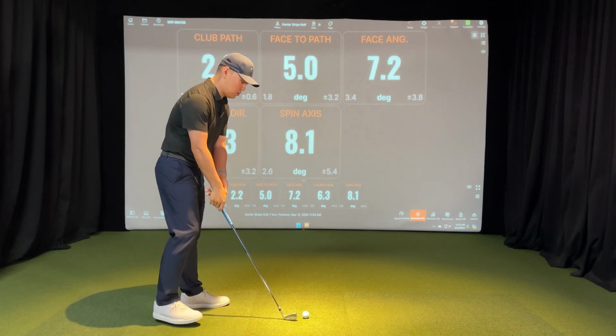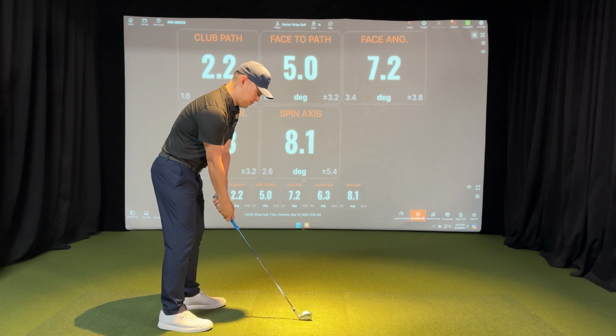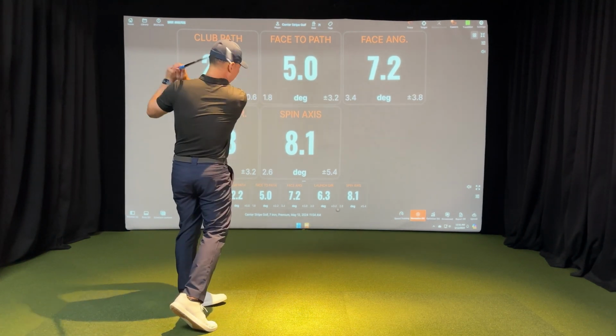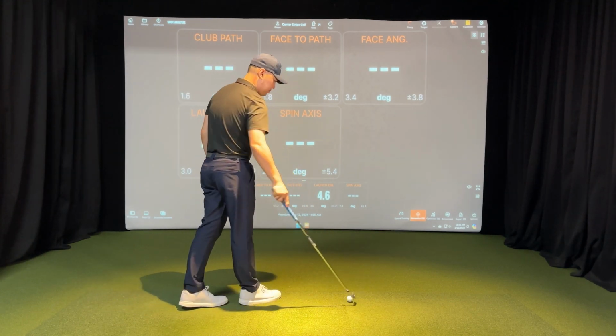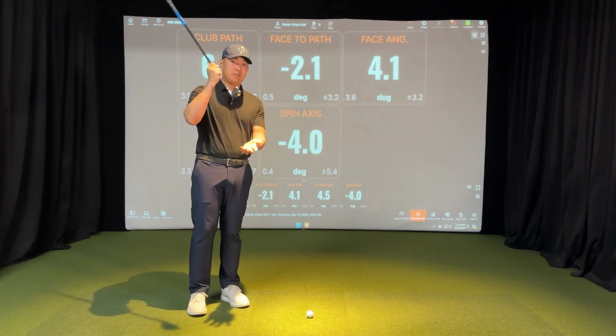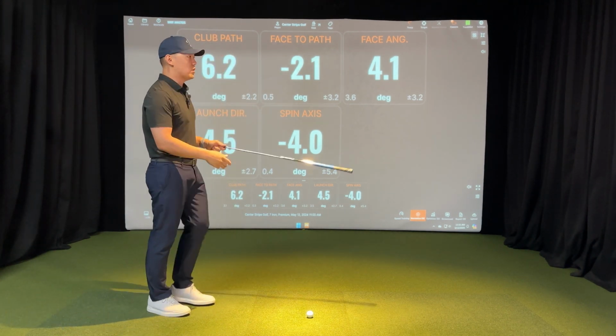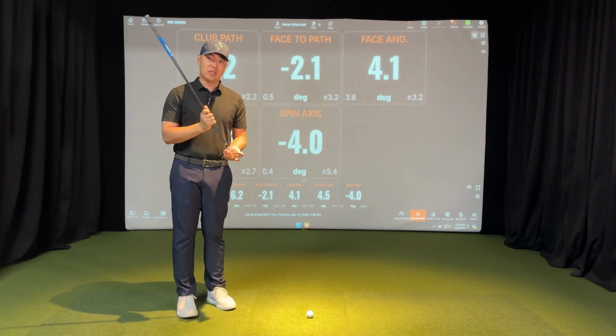Now, if I were to correct that, so this time, my face angle was open 4 degrees. My club path was from the inside by 6.2 degrees.